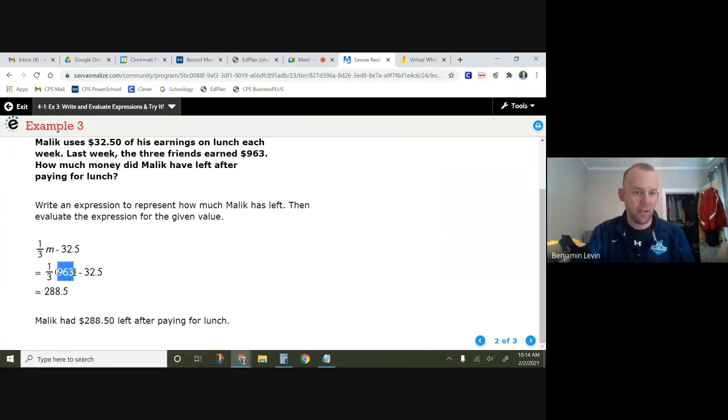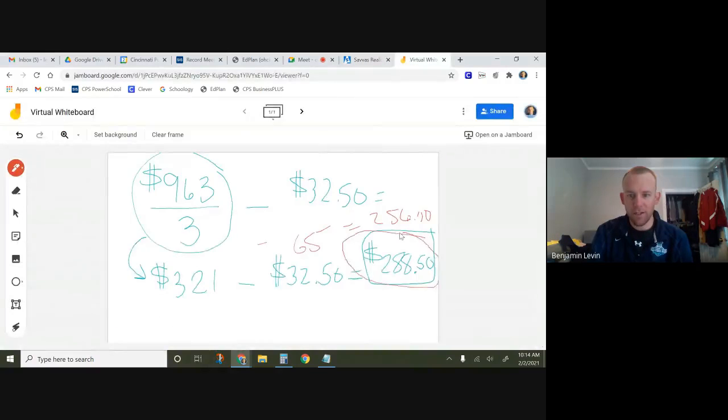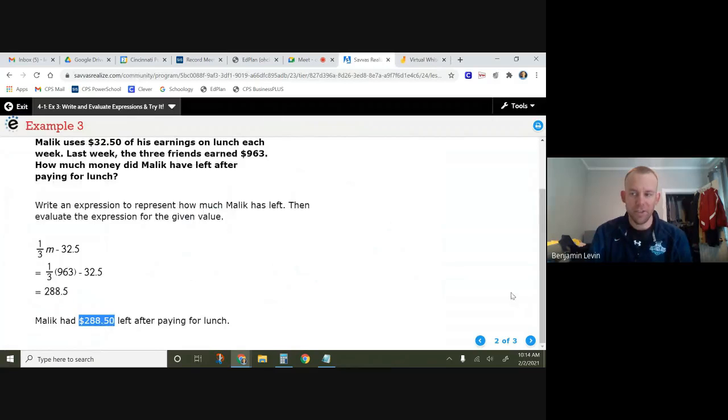We just put in the total amount of money they made, which it told us was 963. 1/3 of 963 minus 32.50 leaves him with 288.50 left, which is what we got. Right? We got the same thing, 288.50. Lunch does add up. Buying random stuff you don't need adds up. So that's a good life lesson.